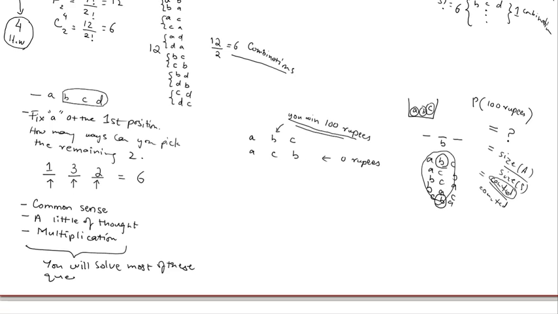Can there be repetition? Are my objects distinct? There cannot be any repetition because I had 4 different objects.